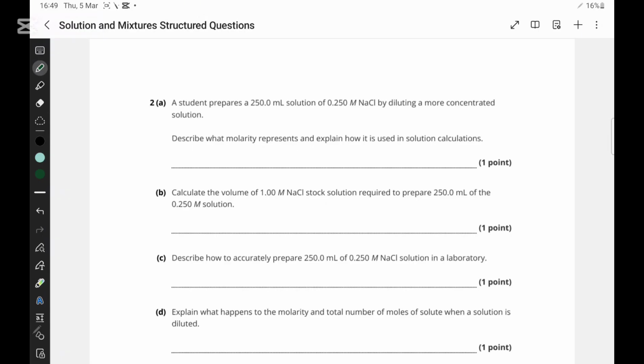Molarity is basically the concentration of a solution, and that is expressed in moles of solute divided by liter of solution.